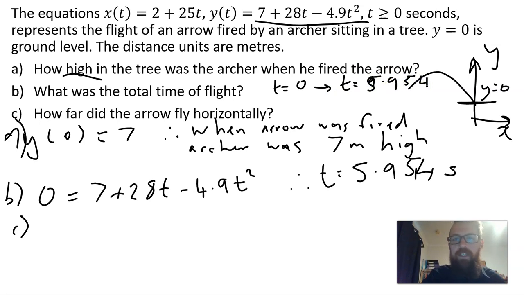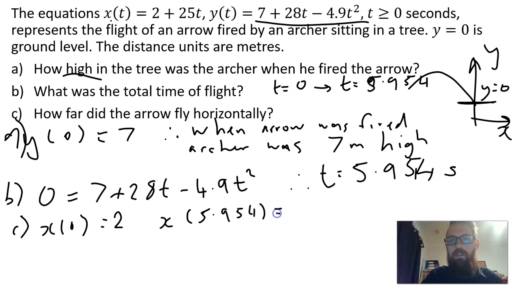So if we substitute 0, x of 0 equals 2 plus 0, so it's just going to be 2. So that's the starting position, 2. And then we get x of 5.954 equals, we're going to have to substitute that into our calculator for t. So let's do that now.